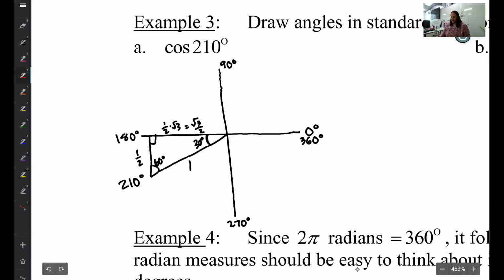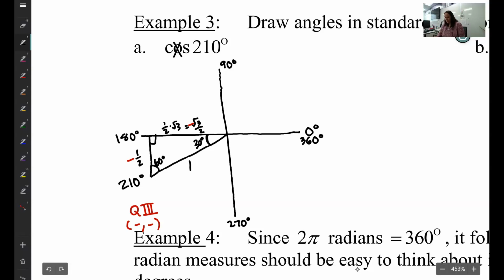One last thing that I need to add to this reference triangle. This is in quadrant 3, which means in quadrant 3, everything's negative. So I'm going to add negatives in front of both of those numbers. Now let's go back to the problem it asked. Cosine of 210.